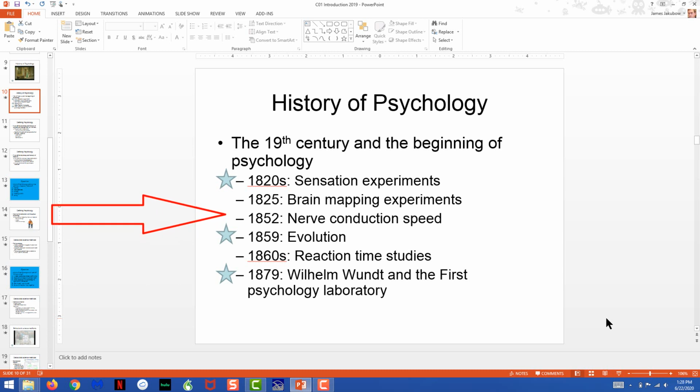So to do work that established the speed of nerve conduction, a fella named Hermann von Helmholtz started to conduct experiments with frogs and with humans to determine the rate of electrical movement through the body. And upon conducting those experiments, found that electricity inside your body moves at about 90 feet per second.